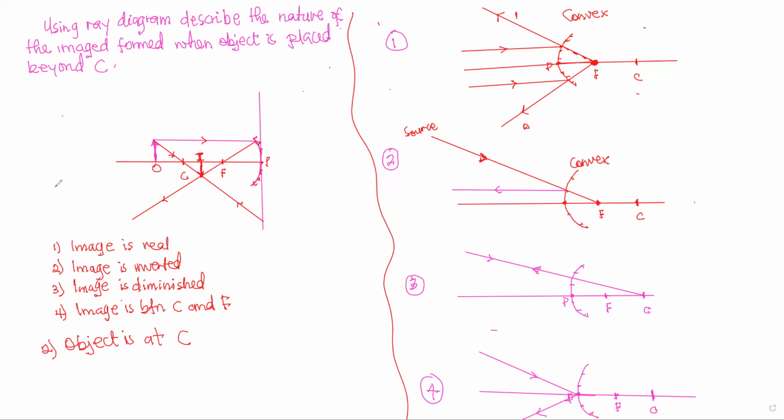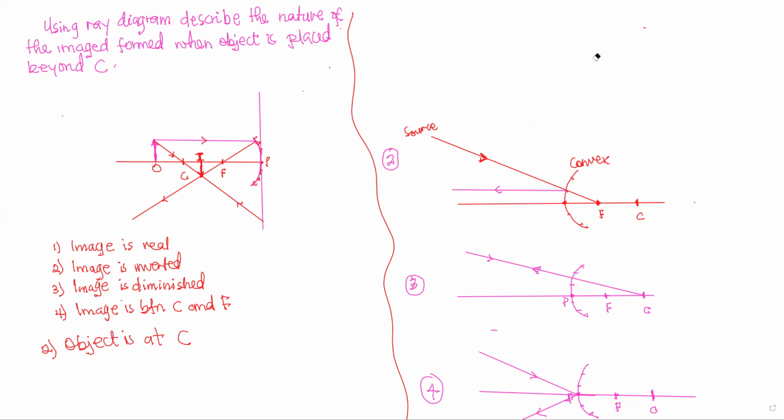So use ray diagrams to describe the nature of the image formed when object is at C. Are we on it?